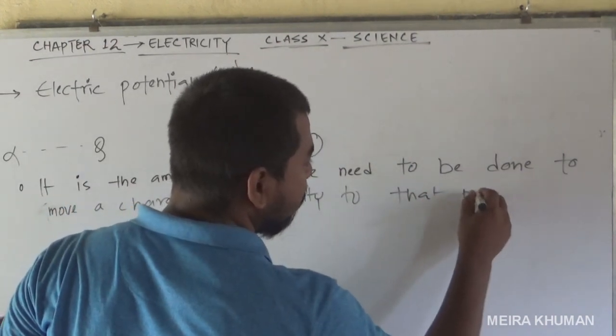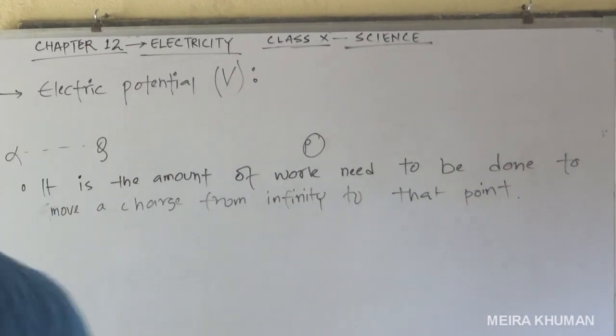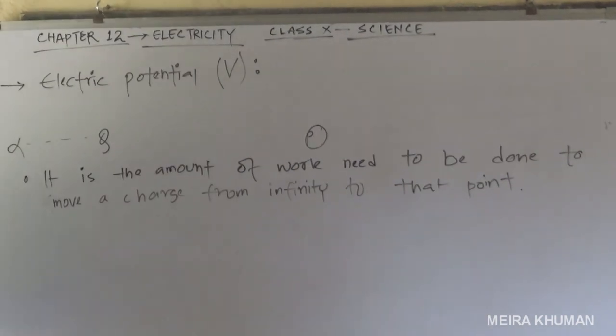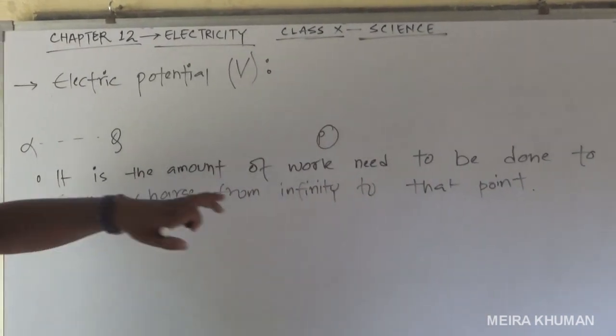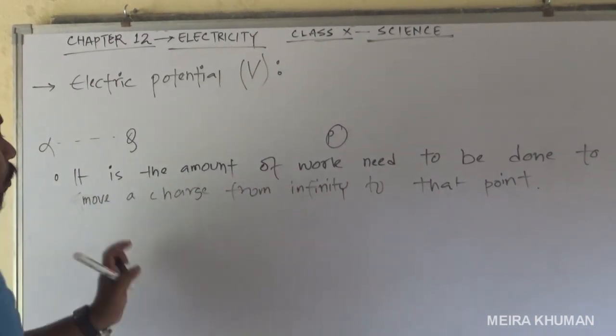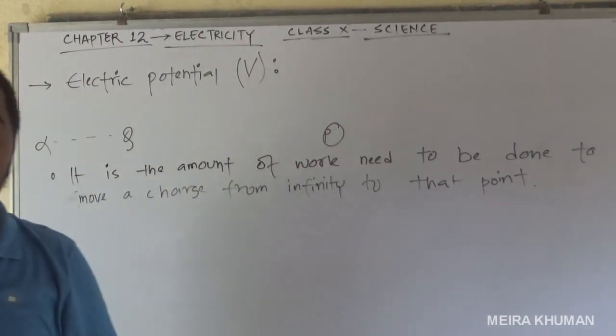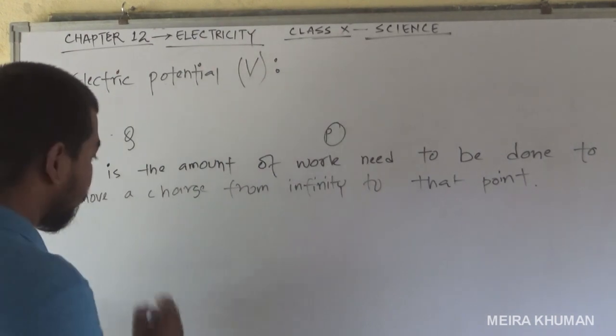What is that point here? That point is simply the point P. I guess this is very simple and crystal clear to you people, right? So it is the amount of work need to be done to move a charge from infinity to that particular point, right?